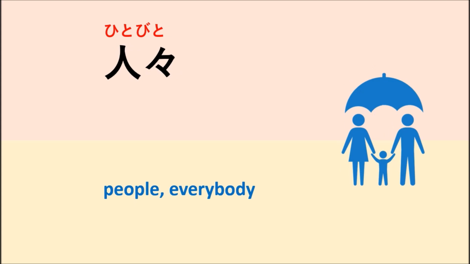We also say hitobito. Hitobito is people or everybody. We say it in general, just talking about people. So in Japanese, they say hitobito. Hitobito means people, general people, everybody.